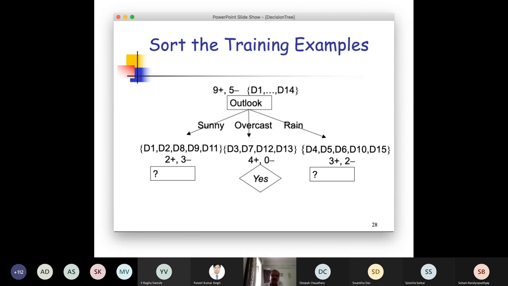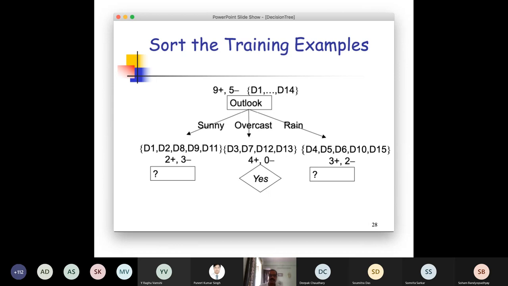Since outlook has three values, as you can see in the table: sunny, overcast, or rain, it would induce three partitions, one for each value. In each partition, the value of outlook is the same.